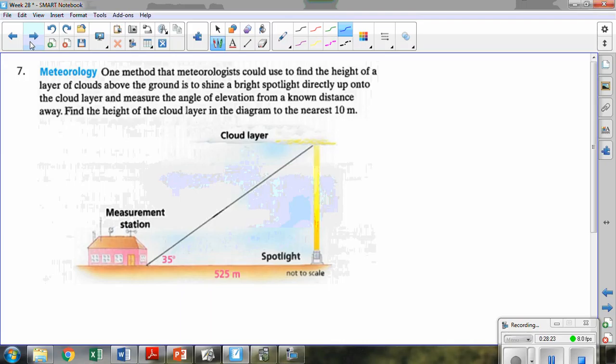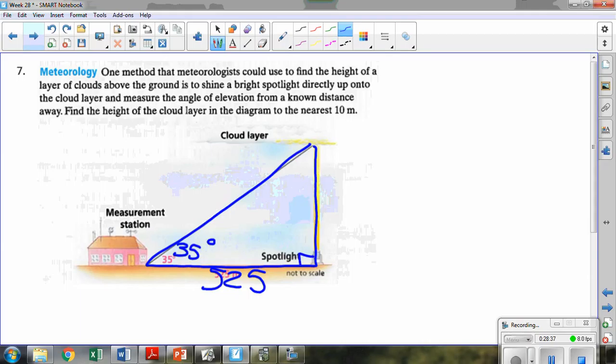We have a 35-degree angle. We have a known distance of 525 meters. Spotlight's going straight up. And what are we trying to figure out? Find the height of the cloud layer. So we're looking for height.